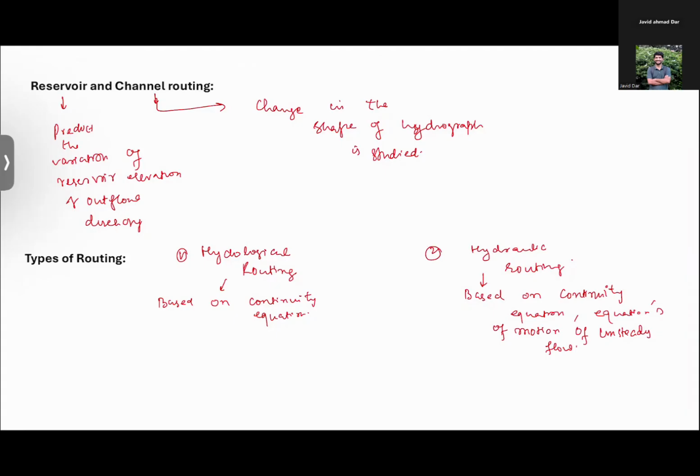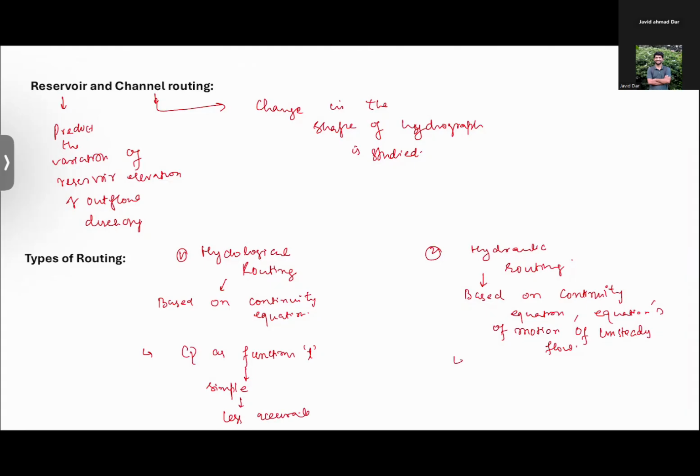Another key difference is that in hydrological routing you only try to solve discharge as a function of time. It's a very simplistic approach, simple, but yeah, this will be less accurate.